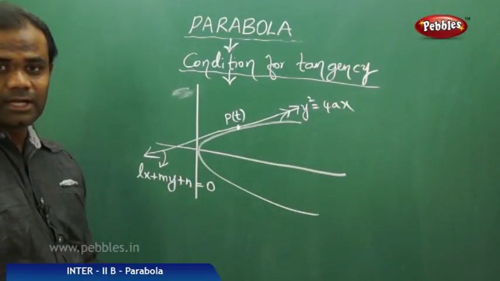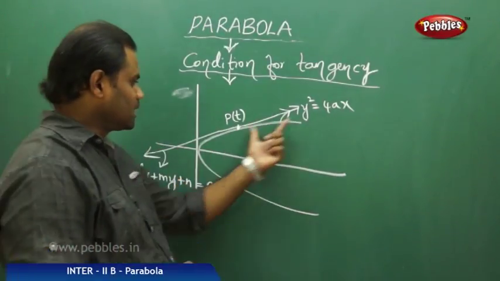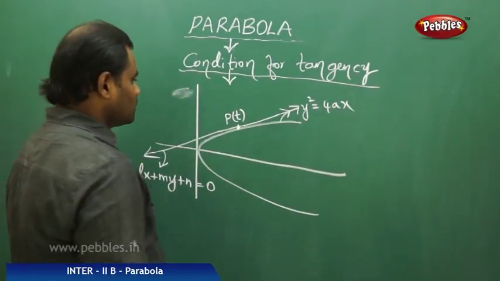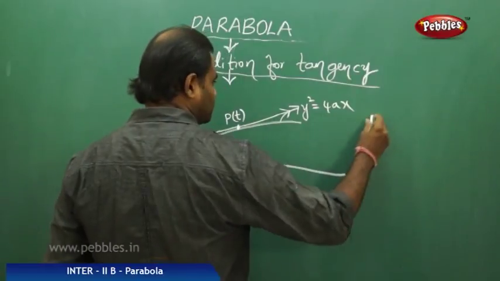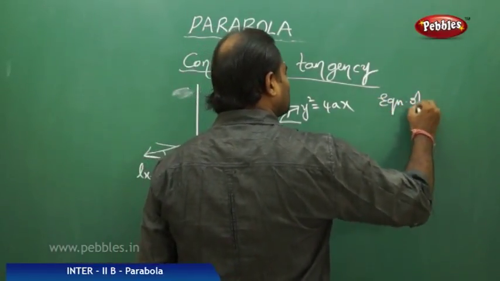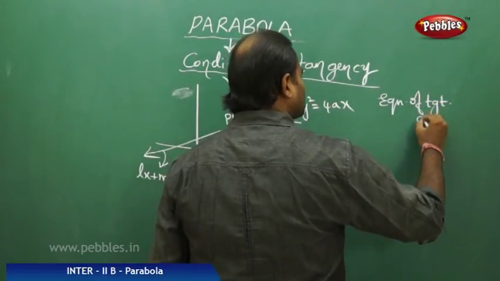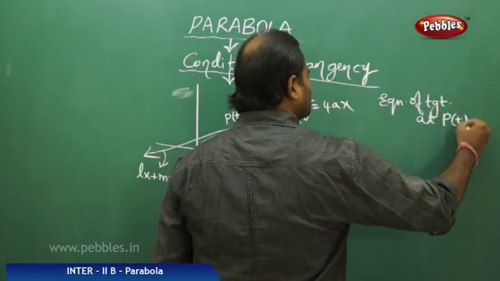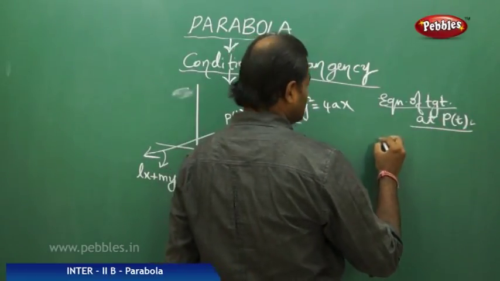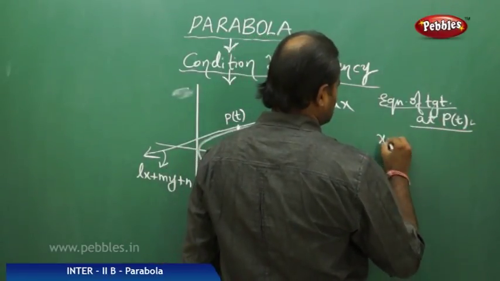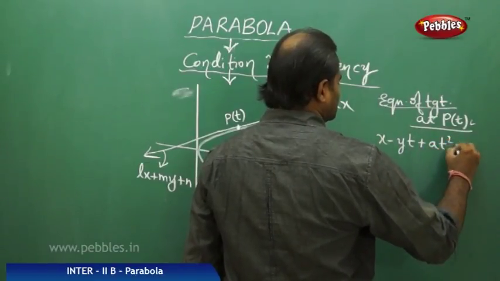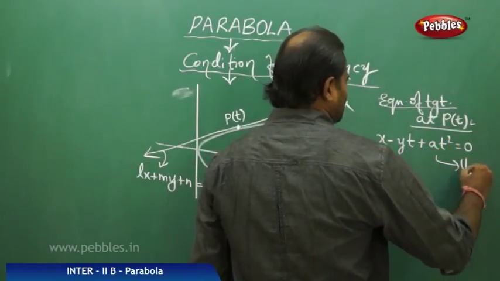So I want to see the condition for this line to be a tangent to the parabola y square equal to 4ax. Now clearly we know that the equation of tangent at P is given by x minus yt plus at square equal to 0 in the parametric form.